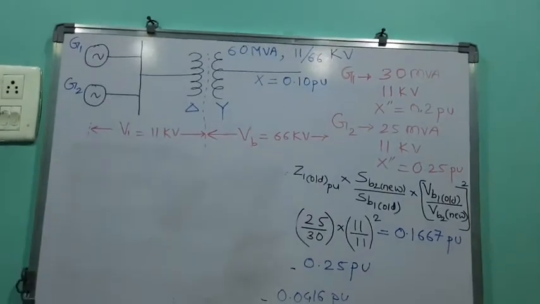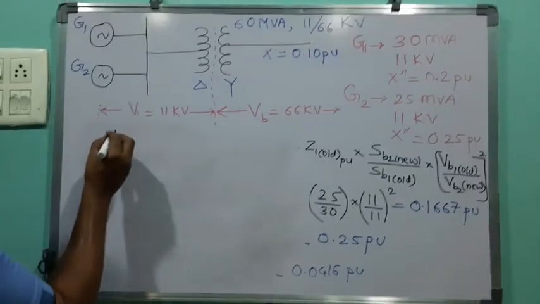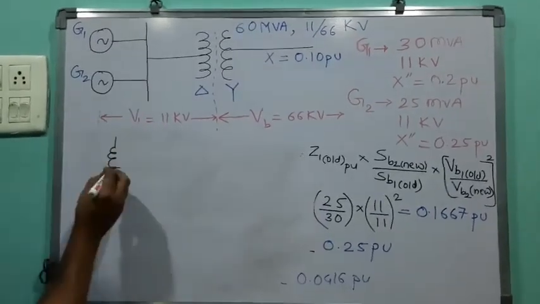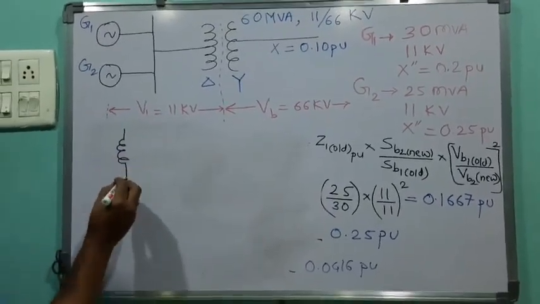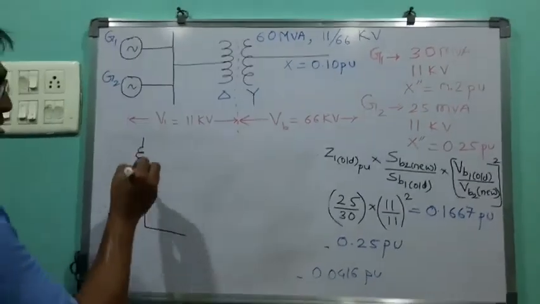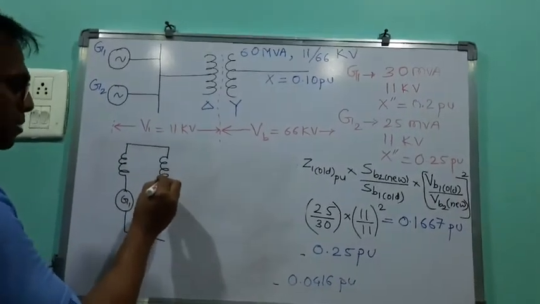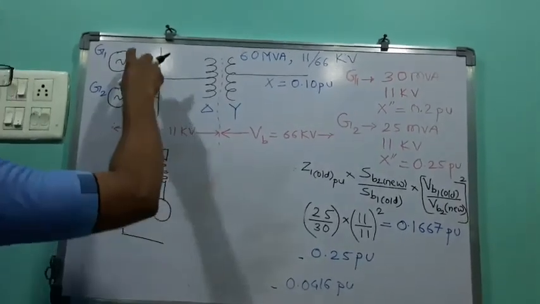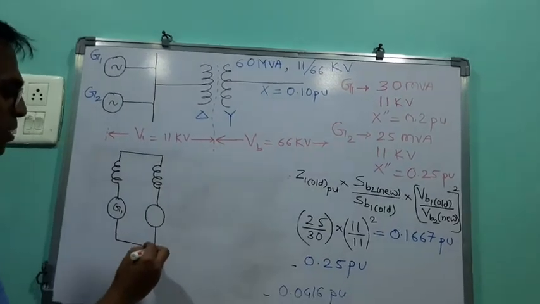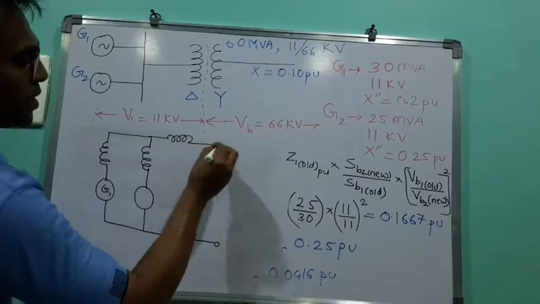See how many generators are there? Generators are 2, and those 2 are in parallel. So this is one generator, and this is the reactance of that generator. Then another generator. These two are in parallel. So this is generator 2, and this is the transformer reactance.